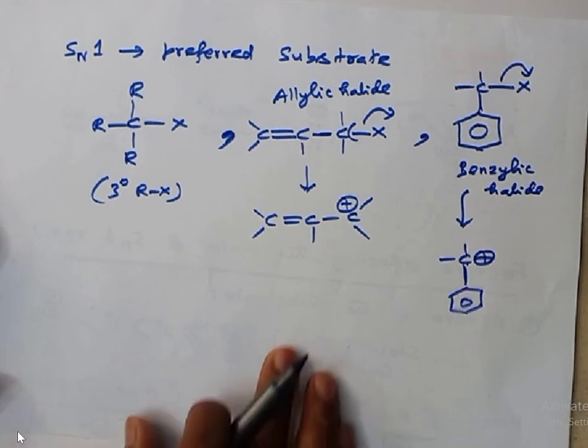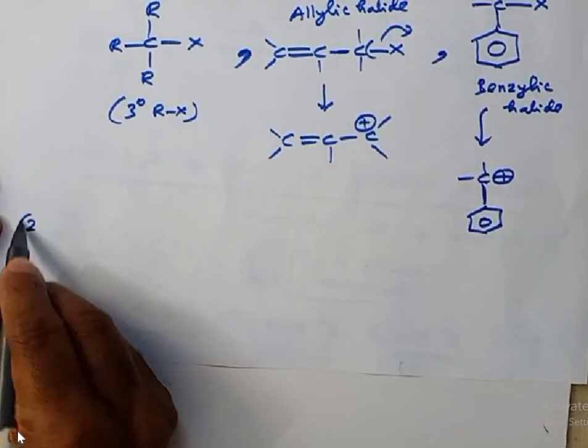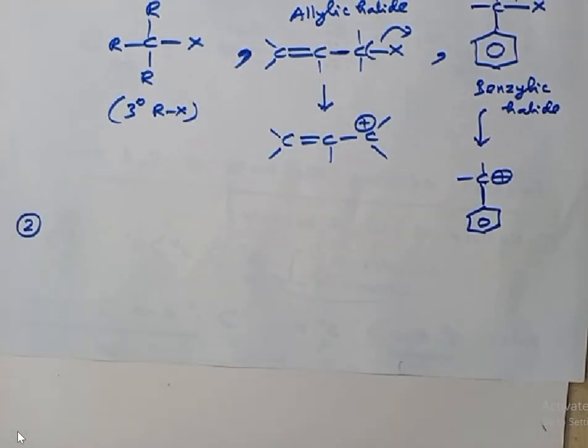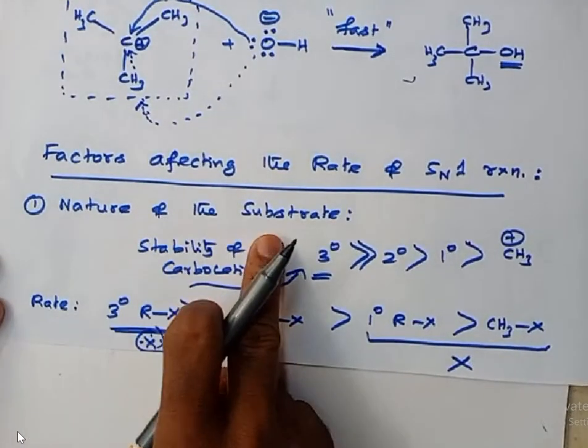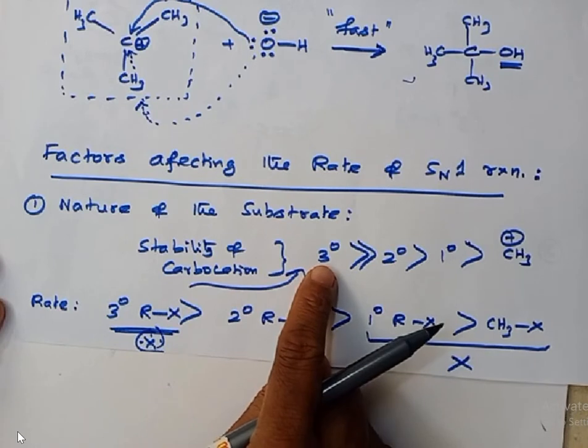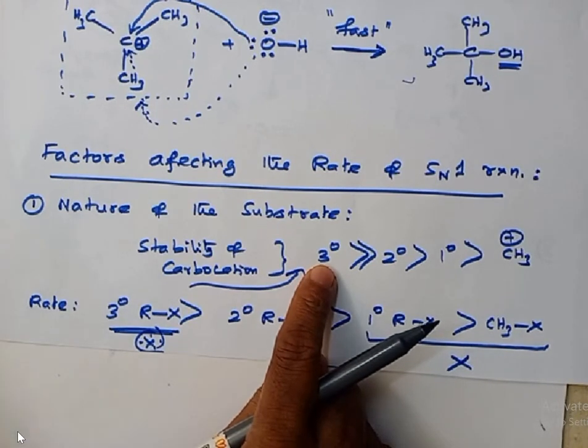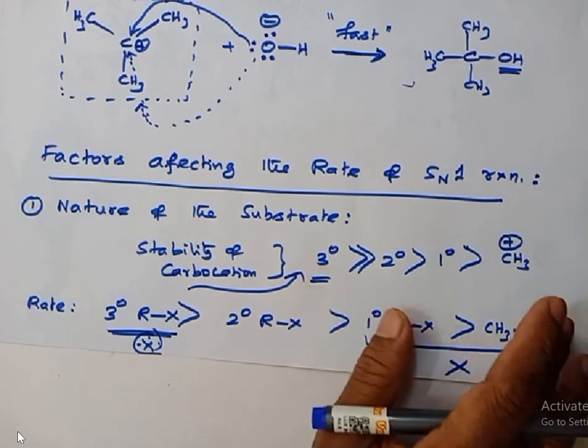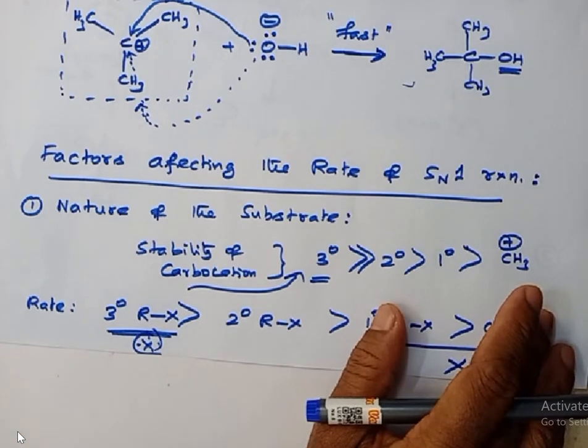Then second point. In the first point I said carbocation stability decides the reaction rate. If the carbocation is more stable, then the rate will be high.